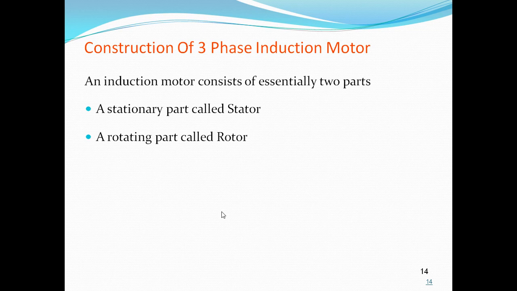Then the rotor is short circuited itself and works as a squirrel cage rotor, and the brushes are lifted automatically to reduce friction, wear and tear. So this is the construction of stator and rotor.